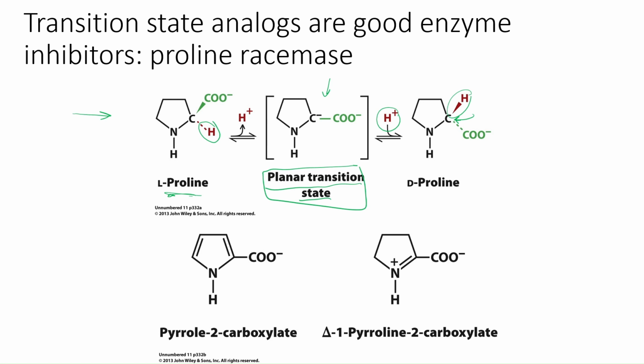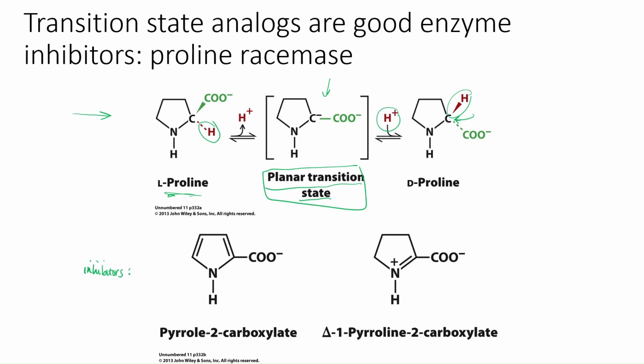And so that's why on the bottom here, we have two examples of inhibitors for this enzyme. And they are going to be more planar, right? Because of the structure of where the electrons are placed around the ring in the molecule, much more so than proline, right?